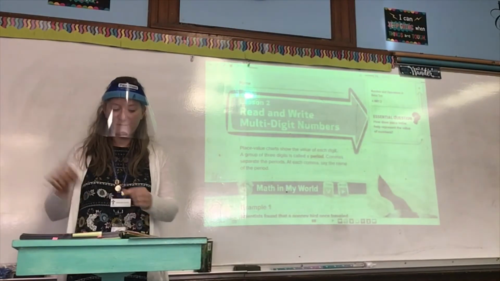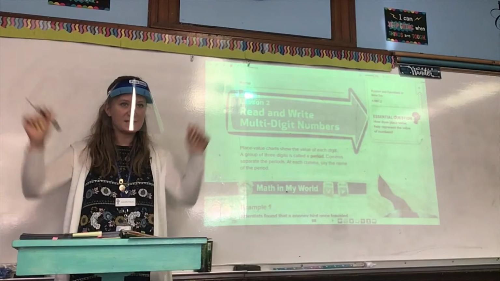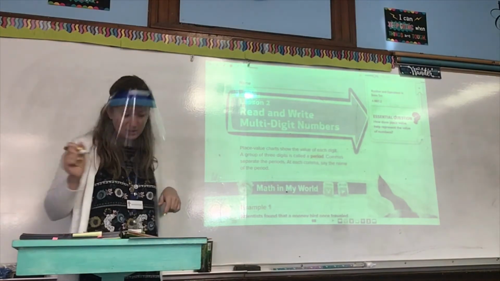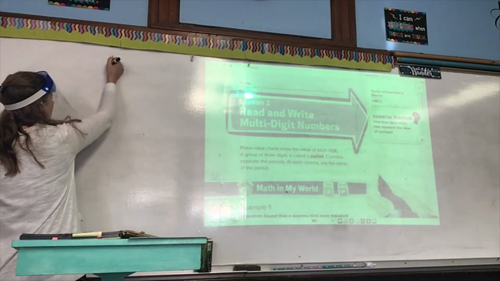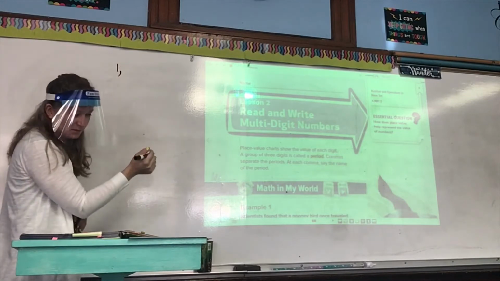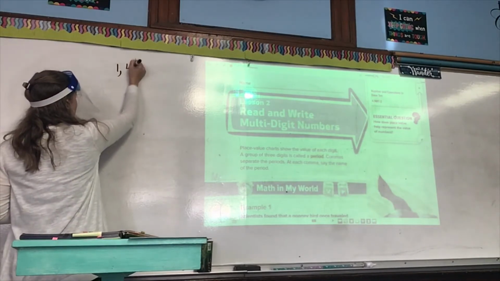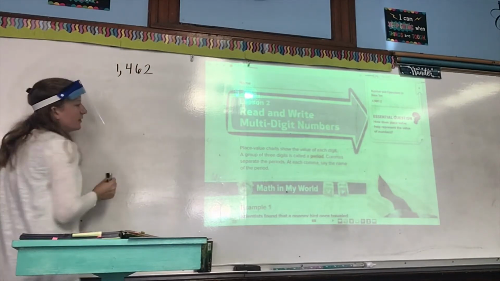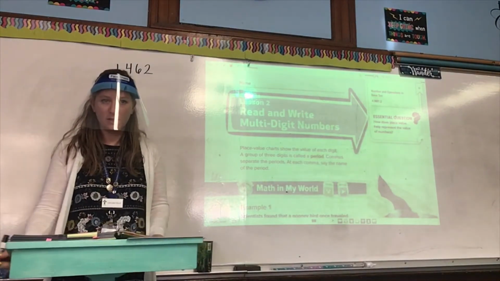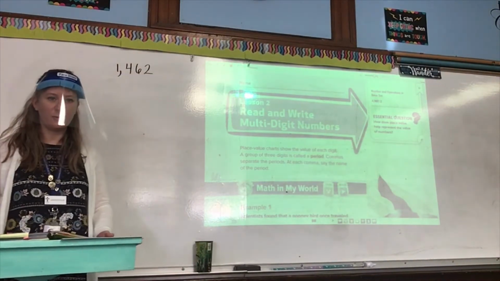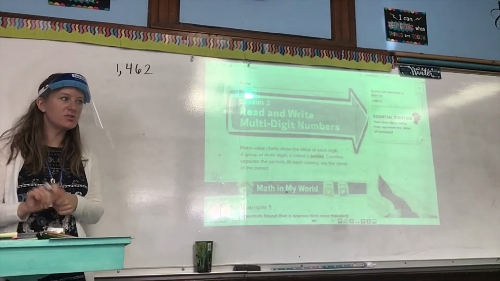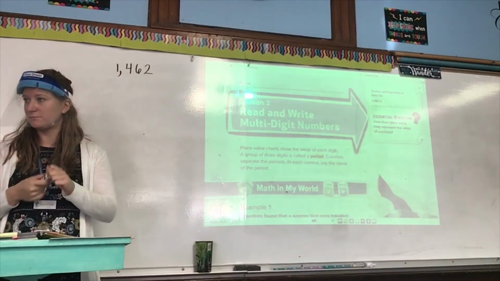Okay, before we begin, everybody eyes up here. I have the number 1,462. Now, who's used base 10 blocks before?